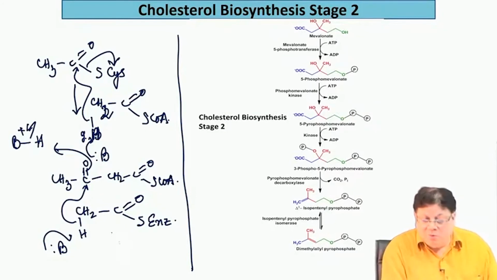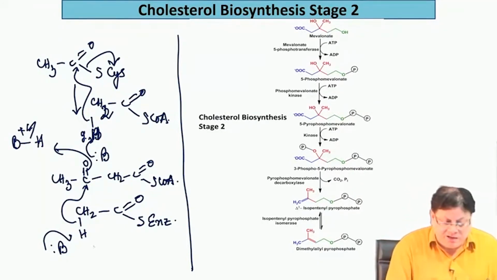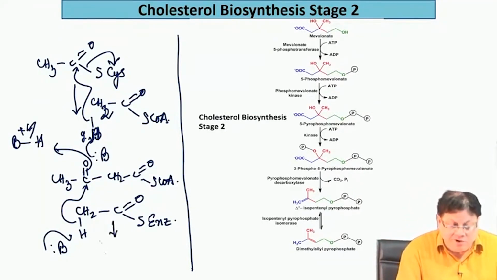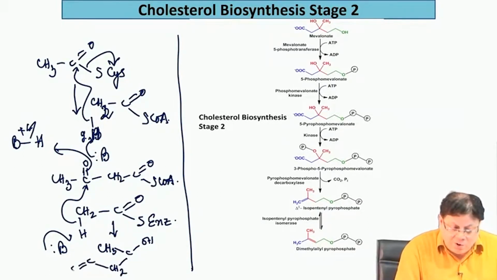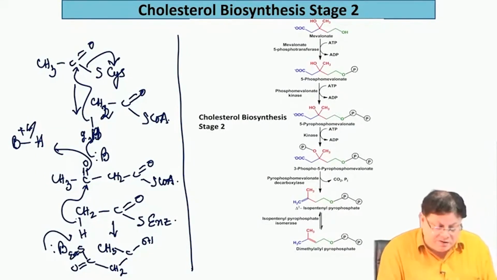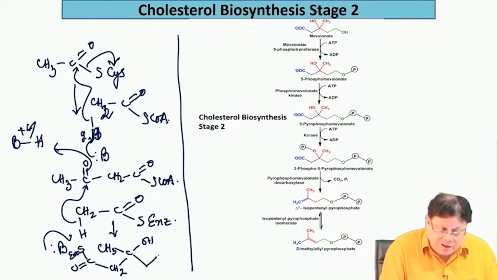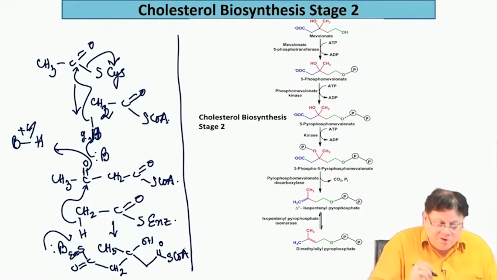So, that will give you what is called hydroxymethyl. See, what is the product here? If you write a carbon with CH3 and OH, and then on one side CH2, then CO S enzyme, because that is still attached to the enzyme. On the other side you have CH2 COSCoA. So, this is the status.